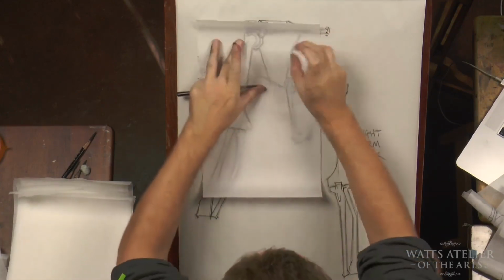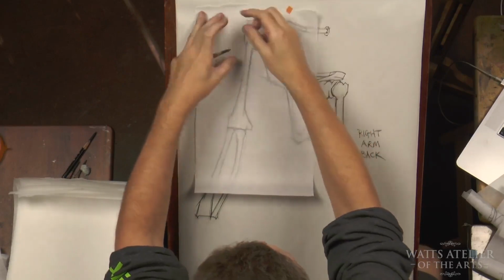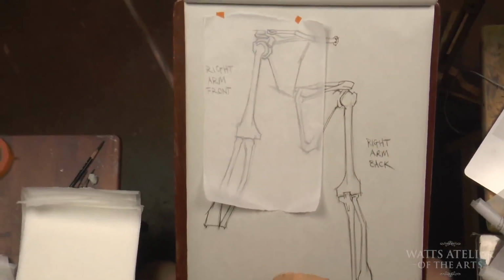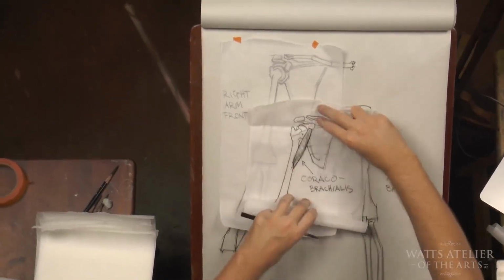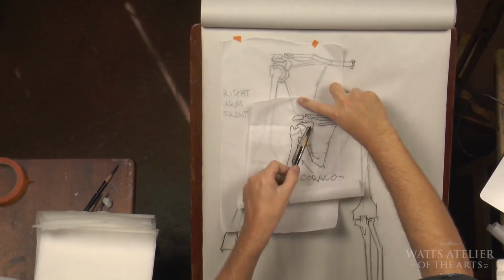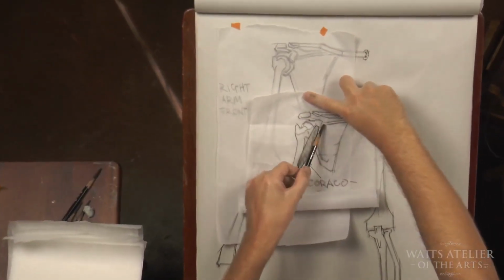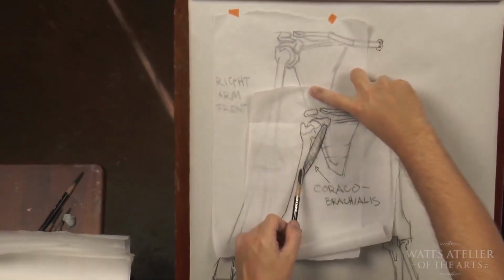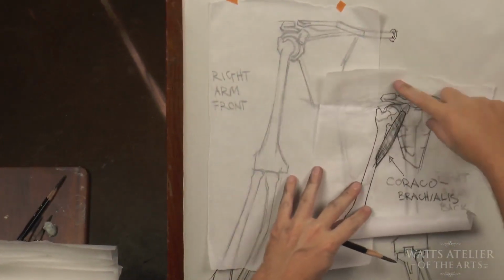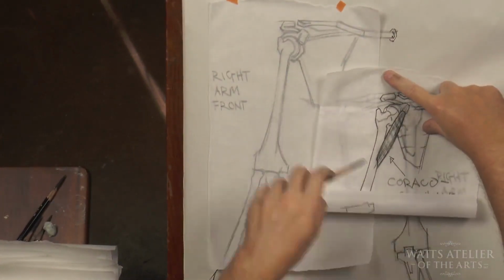This one's going to go up here. All right, so we have coracobrachialis. You can see it right here. This one utilizes our little process that sticks off here, and then it comes down and connects to the humerus. So we need to figure out how that relates to our drawing here.